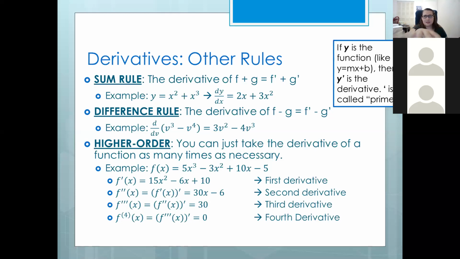So in this case, you can see on the screen, they're called first derivative, second derivative, third derivative, fourth derivative. When we're talking about position, position would be our function, velocity is the first derivative, acceleration is the second derivative, jerk is the third derivative, snap is the fourth derivative, crackle would be the fifth, and pop would be the sixth derivative.